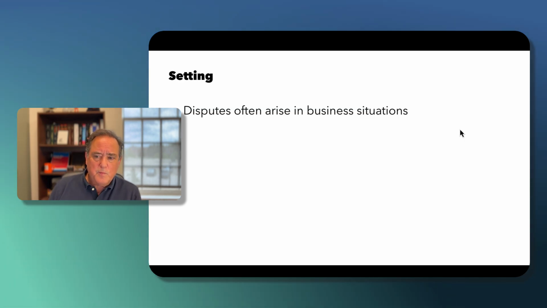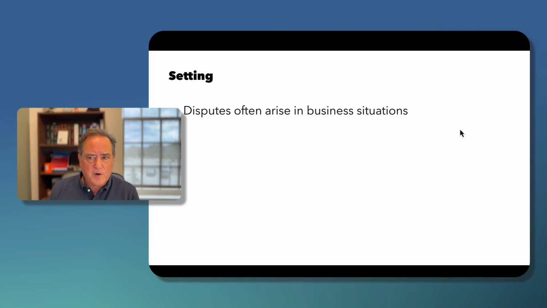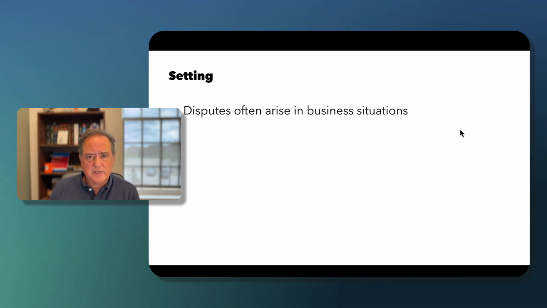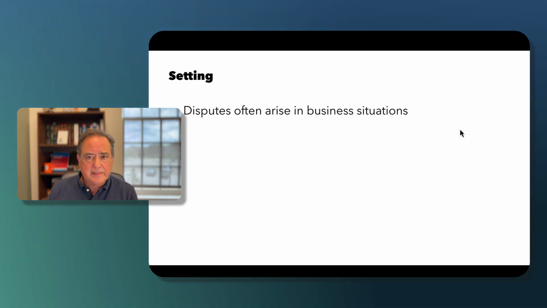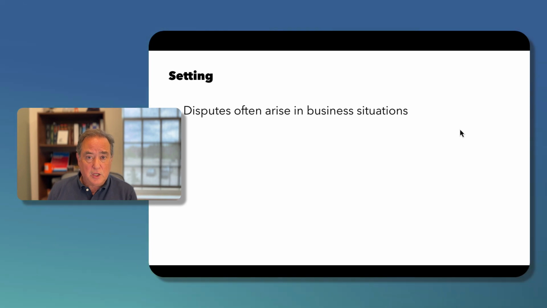So, disputes often arise in business situations. It could be a breach of contract, whether a party kept its promise given in a contract. It could be in the sense of a loan that was not repaid.